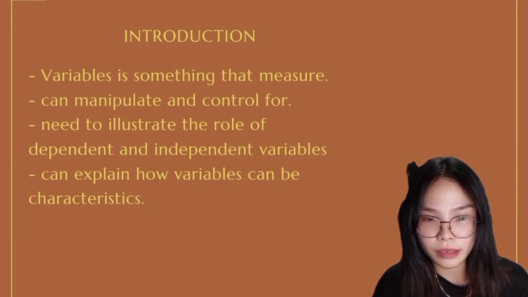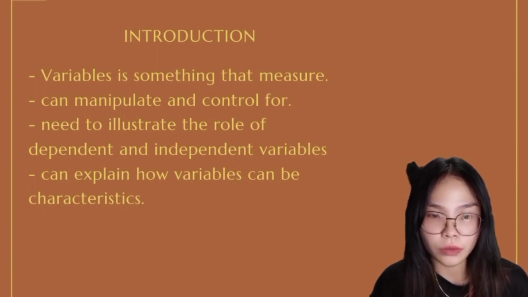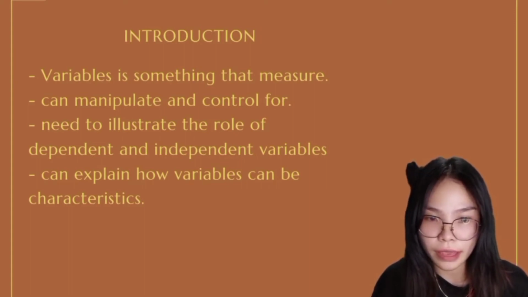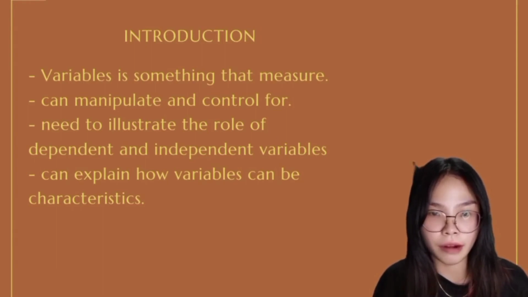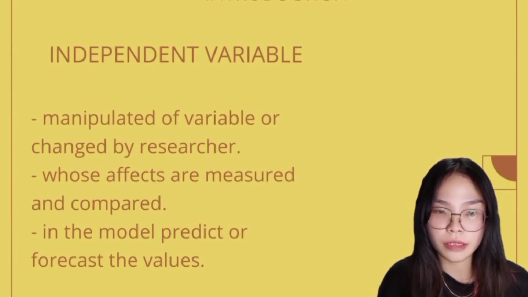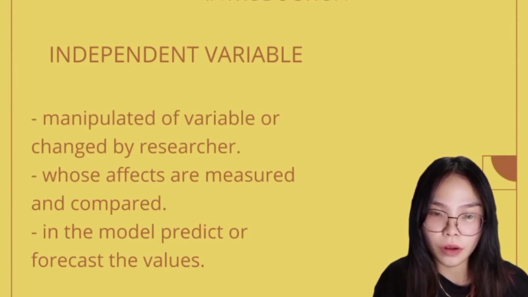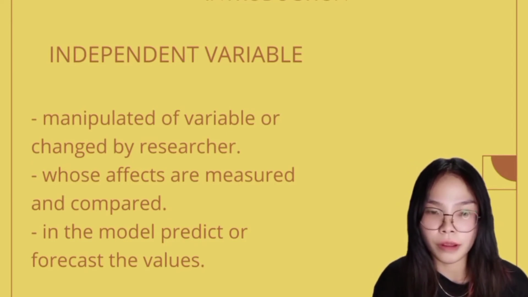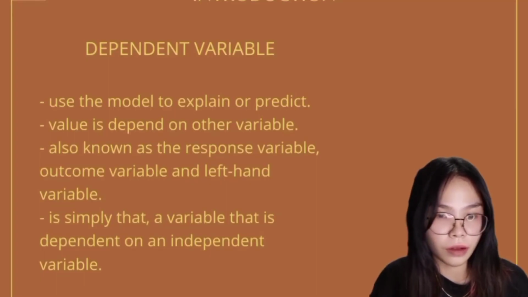To understand the characteristics of variables, we need to illustrate the roles of dependent and independent variables, as it can explain how variables can be characterized. An independent variable is a variable manipulated or changed by researchers, whose effects are measured and compared. The independent variable in the model predicts or forecasts the value of the dependent variable. The dependent variable is also used in the model to explain or predict.